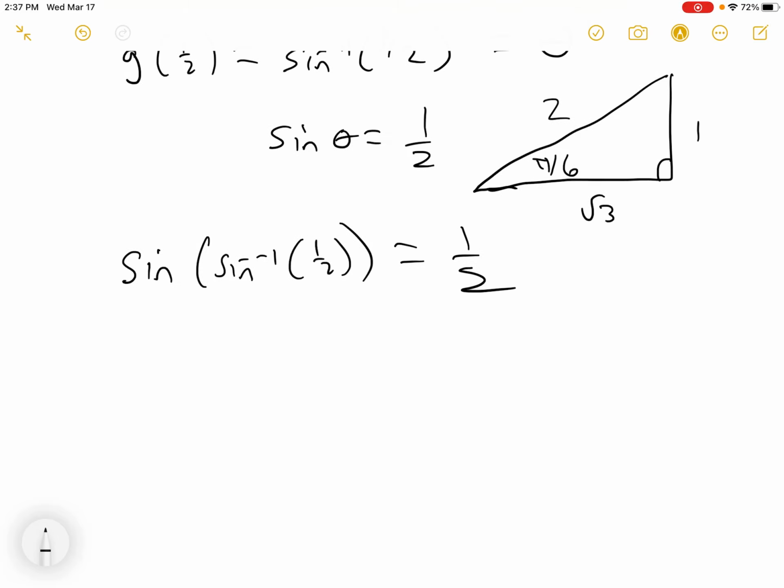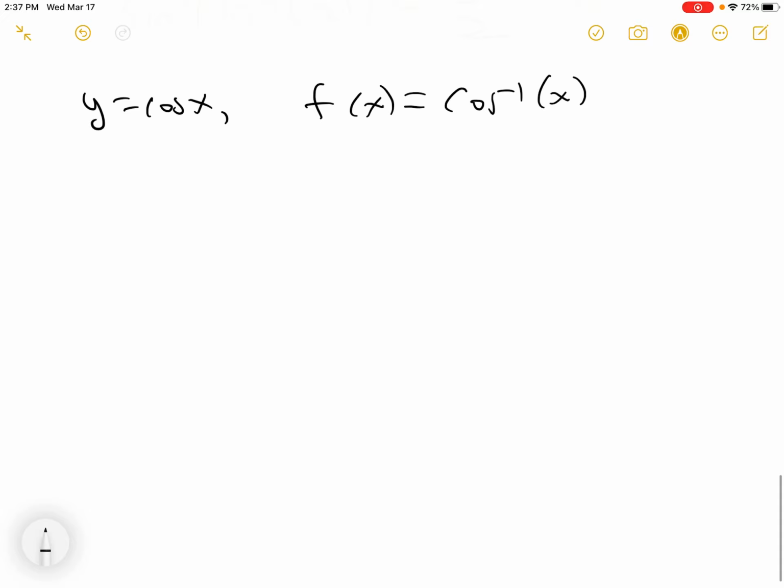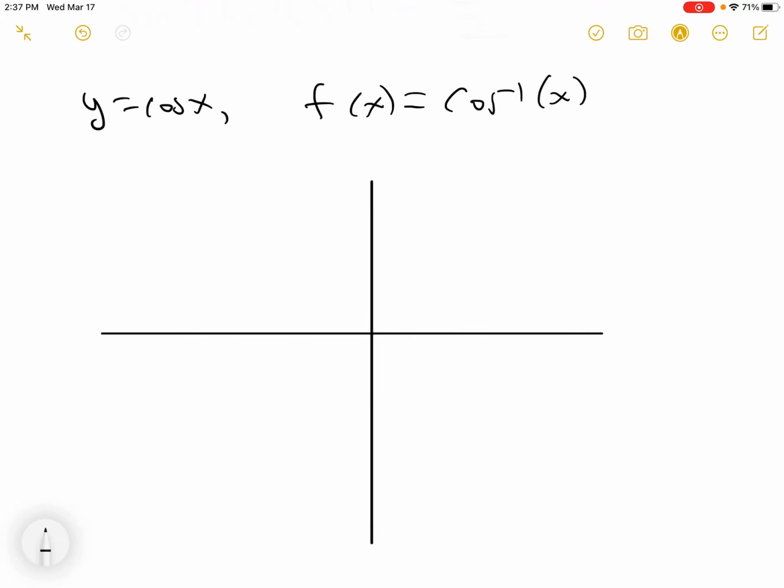Okay. So let's look at cosine and try and figure out what cosine inverse looks like. So we draw cosine. And I'm going to go from pi to minus pi because that's all we need.